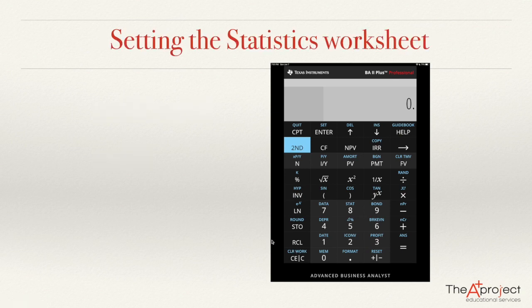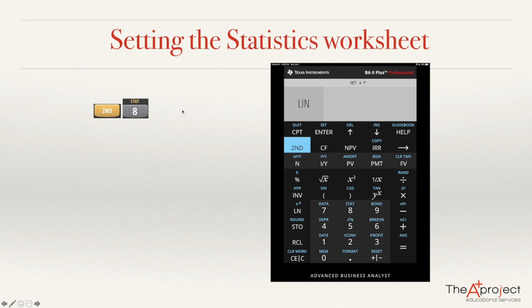Now we'll see how to set up the statistics worksheet for working statistics problems. This worksheet is reached by pressing the keys second function and the key for number 8. That also works for the STAT worksheet. If you do that, and if nobody has worked a statistics problem in your calculator before, you will see the short word LIN in your calculator. Let's see, second function 8, and this word appears here.